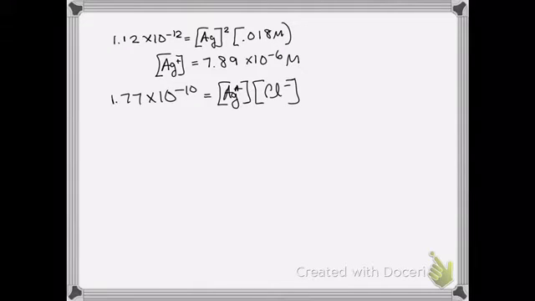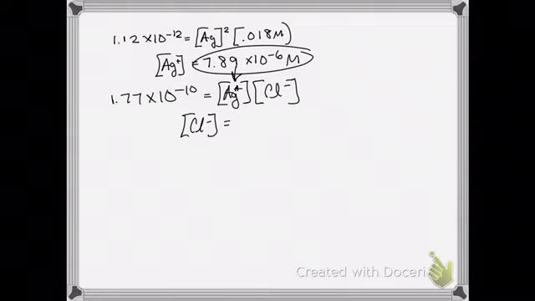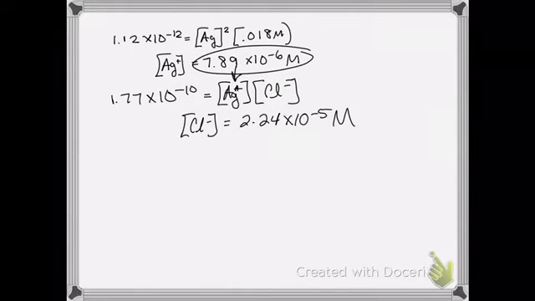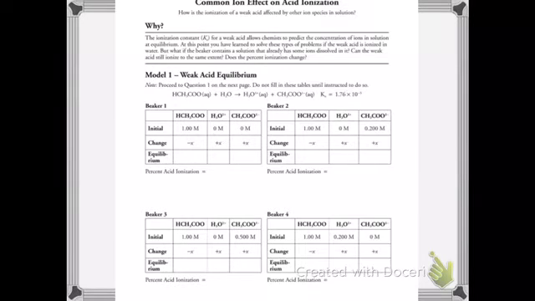Okay, it's +1, -1, so that's nice. Plug this value in right here, and then solve for chloride. The concentration of your chloride ion should be 2.24 times 10 to the negative 5 molar. And then we're done.